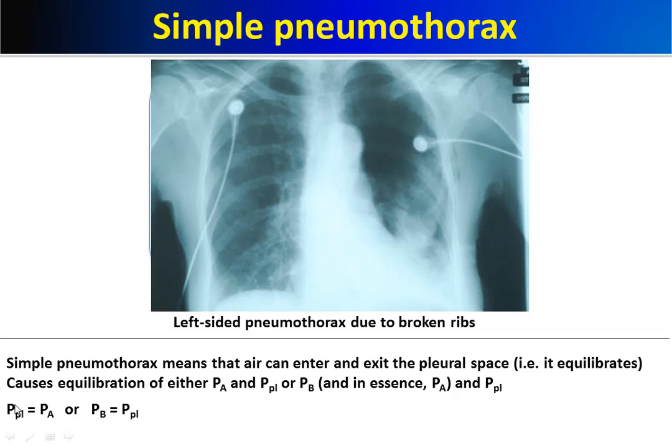So now the pleural pressure is equivalent to the alveolar pressure, or the barometric pressure is equivalent to the pleural pressure. So this is a chest x-ray of left-sided pneumothorax. Air now has accumulated inside the left pleural sac, resulting in the collapse of the left lung. And the reason for this simple pneumothorax was a broken rib.